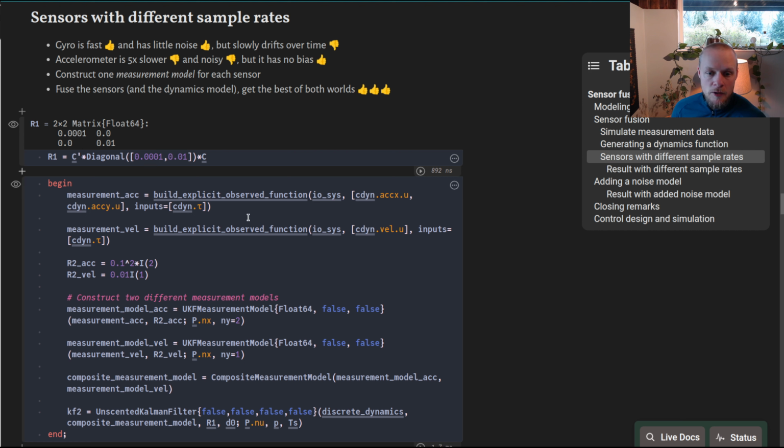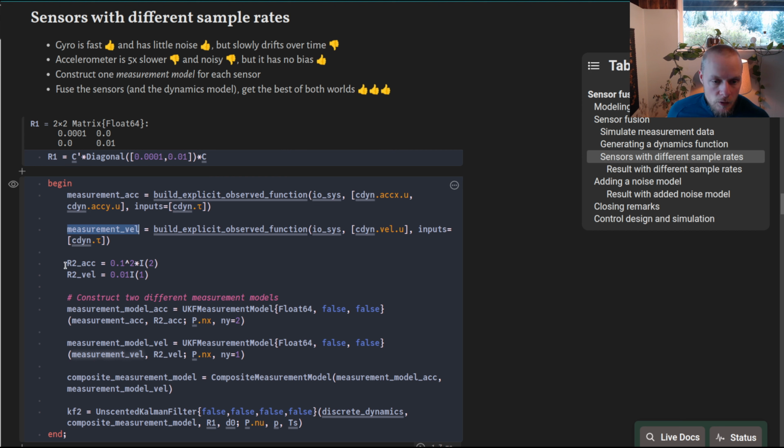And then I ask ModelingToolkit for a function that corresponds to the measurement model. So here I say, given my system I modeled above, give me a function that takes the state and computes the accelerometer readings. And my input is this torque, tau. And then I do the same, but for the gyroscope. So I want the measurement of the velocity here.